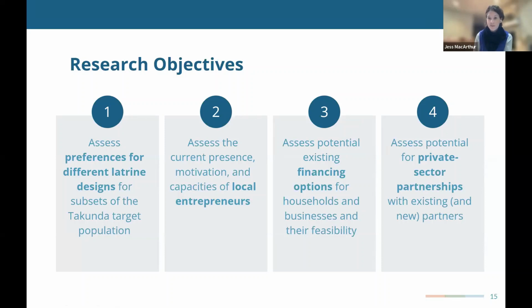Third, we wanted to look at financing options for households and businesses and look at how feasible the financing was for these different latrine options. And finally, fourth, we were looking at private sector partnerships. Originally, we started with looking at just existing partnerships, but now we're also looking at new partnerships. Next slide.